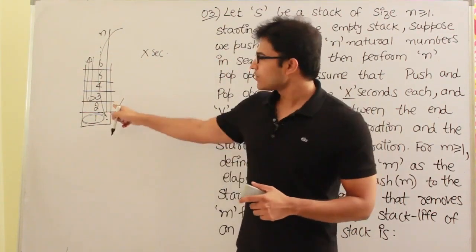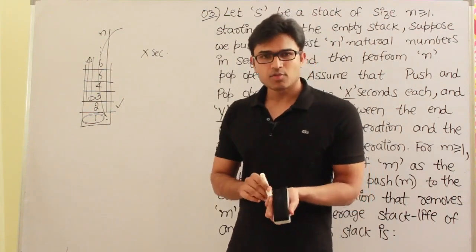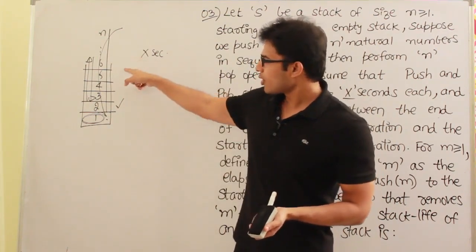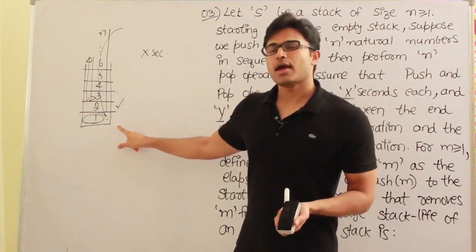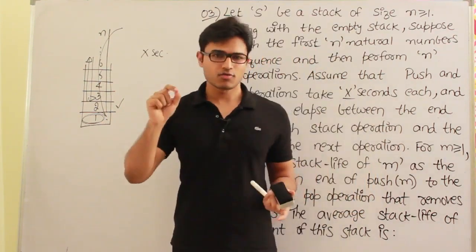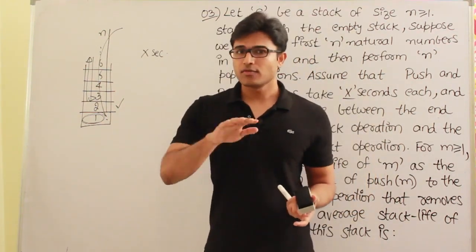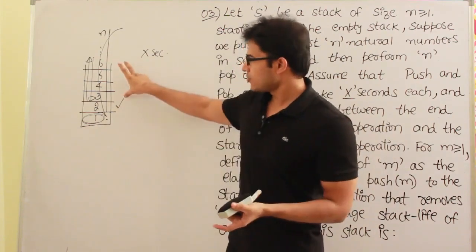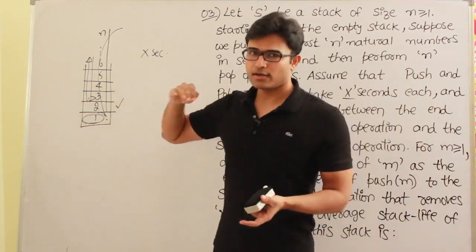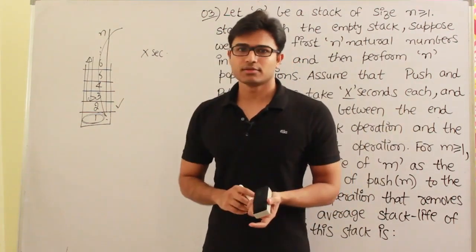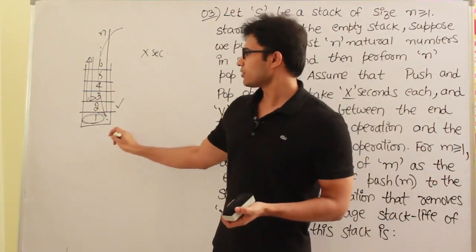Likewise, you are supposed to find the lifetime of all the n elements. Then you add the lifetime of each element and divide by n. Okay, now we shall see how to solve it.